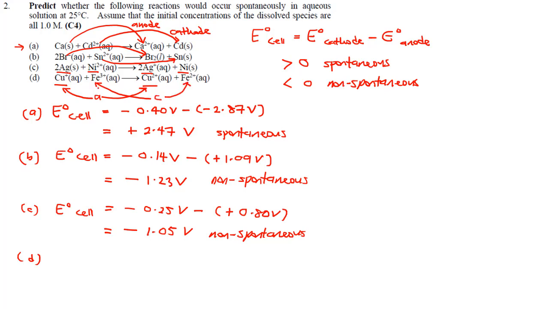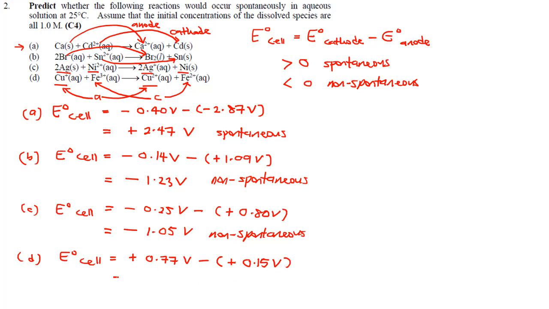Kita punya cathode. So again E naught cell adalah cathode minus anode. For iron tu it's positive 0.77 volt, minus untuk copper, kita punya anode, copper plus to copper 2 plus is positive 0.15 volt.